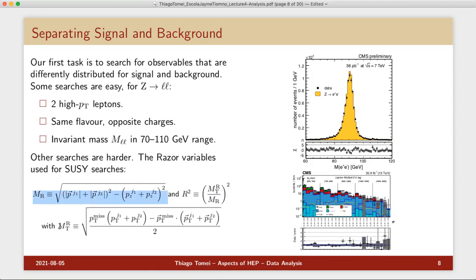So the MR and the transverse MR, and calculate this R squared here.